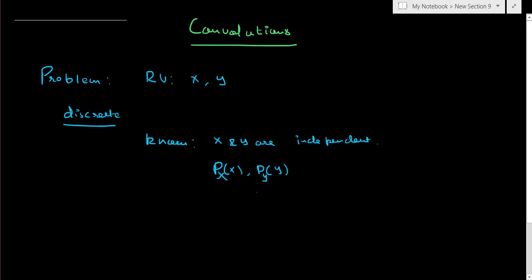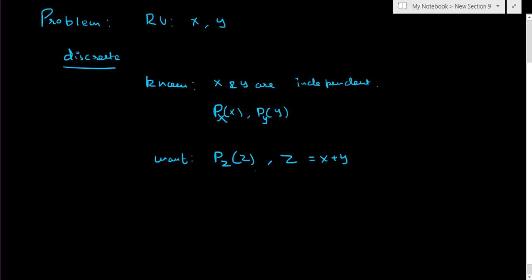Okay, and what I want is the probability function of z, where z is equal to x plus y. So what I want is a probability function of the sum of x and y, right? That is what I want here.